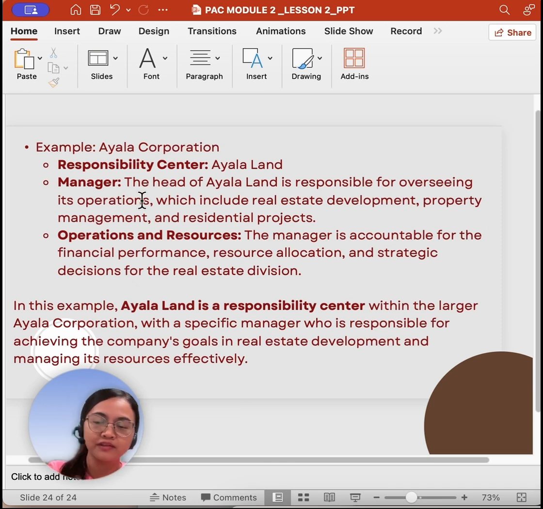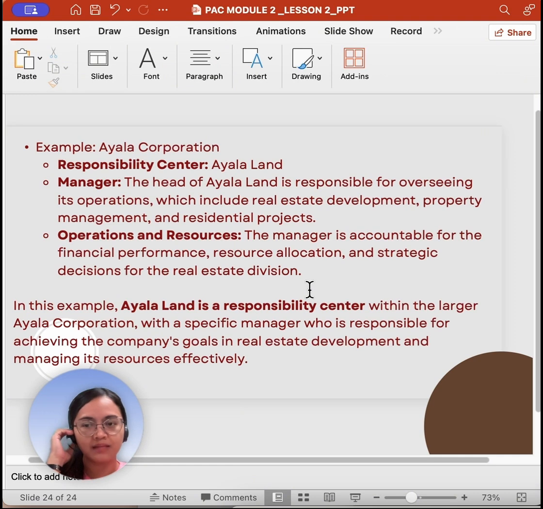He oversees Ayala Land itself, so he will not go to Globe Corporation, right? Since he is assigned to Ayala Land, he is responsible there, which includes real estate development, property management, and residential projects. For operation and resources, the manager is accountable for the financial performance, resource allocation, and strategic decisions for the real estate division.